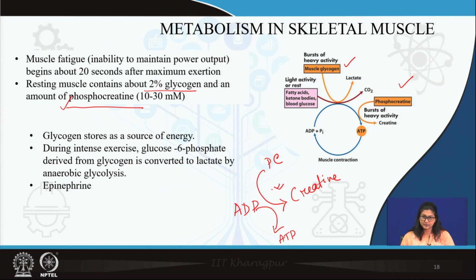But remember, only when all these stores are depleted are muscle proteins broken down. When glycogen is depleted, phosphocreatine starts to deplete, then fatty acids via triacylglycerol degradation stop providing energy to skeletal muscle. After that only amino acid degradation starts, and all these changes of fuel requirement are signaled importantly by epinephrine as well as insulin and glucagon.